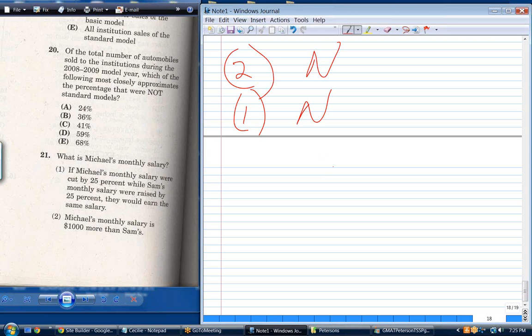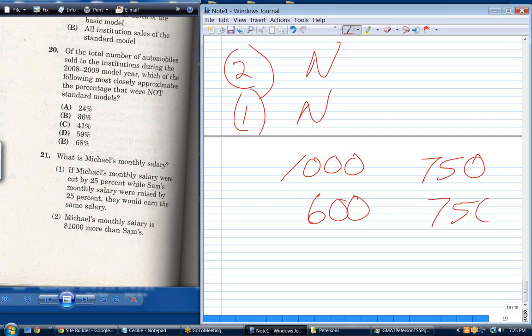If Sam earned $1,000 a month and you cut his salary by 25%, he would go down to $750, and Michael would have to earn about $600 a month, where if you increased it by 25%, he would go up to $750. That tells you Sam earned $1,000, but it could be $10,000 and $6,000, and the same thing would happen. Or 100,000 and so on. So 1 alone doesn't work.